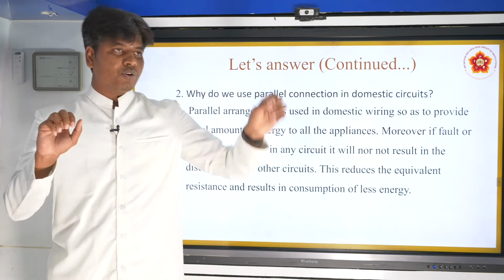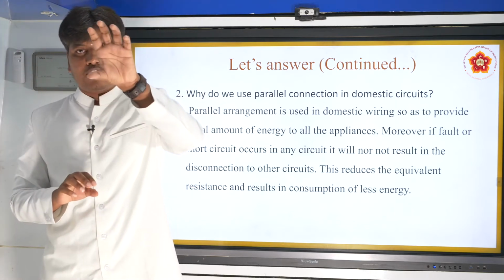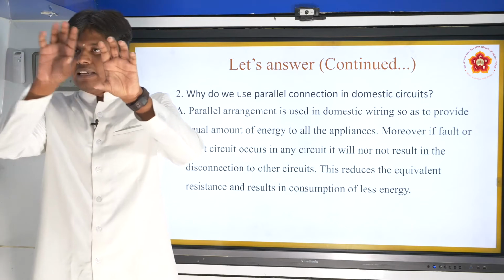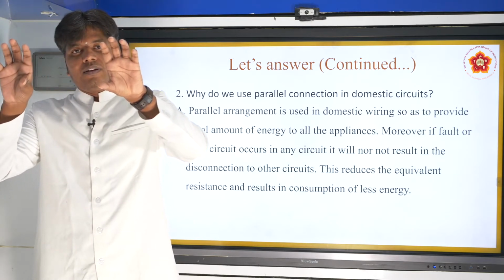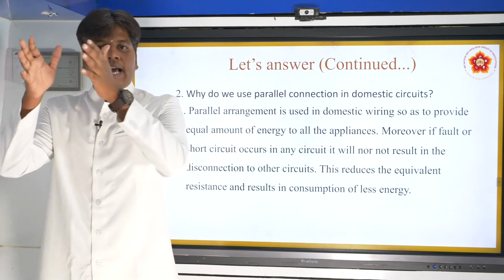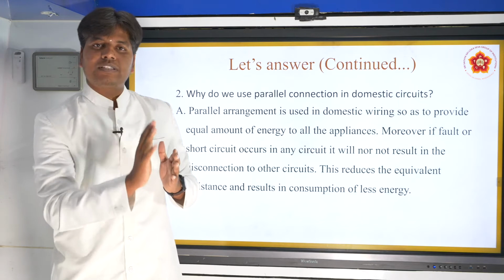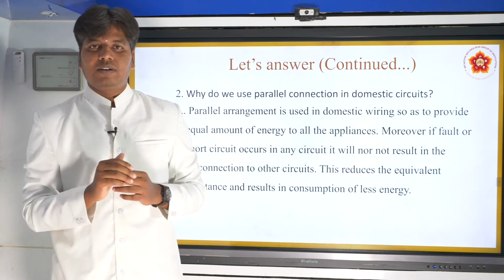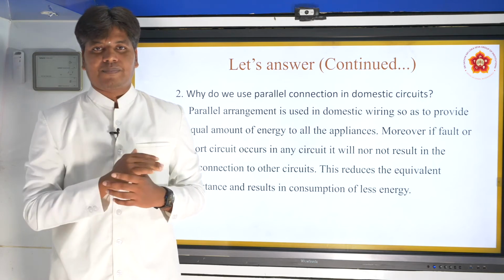The live wire is going. So what happens? Here you have some potential drop, and then here also you have a potential drop. So these two are not having the same potential now. I am not giving the same potential to the fan and the bulb. So what happens? Unequal distribution of potential.